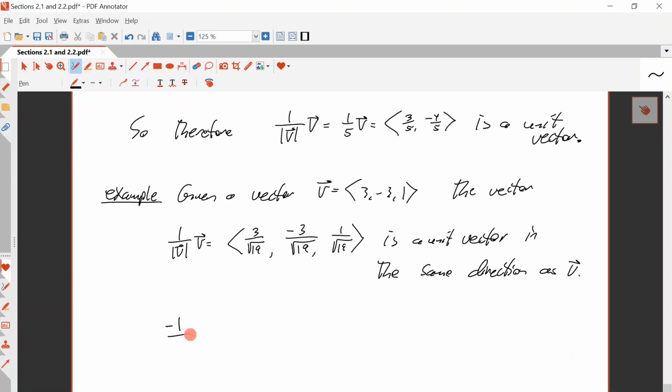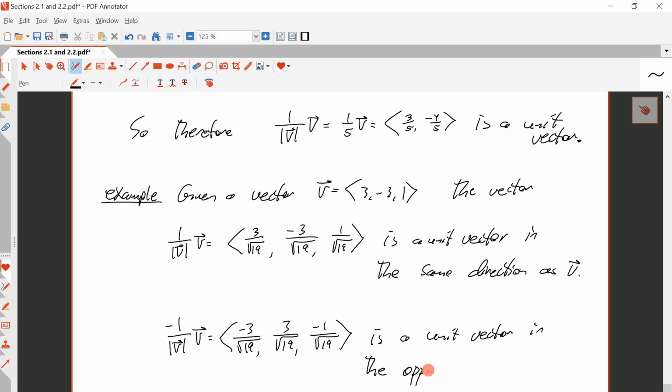And minus 1 over the length of v times v, I'm just negating it, is (-3 over square root 19, positive 3 over square root 19, negative 1 over square root 19), a unit vector in the opposite direction as v. Okay?